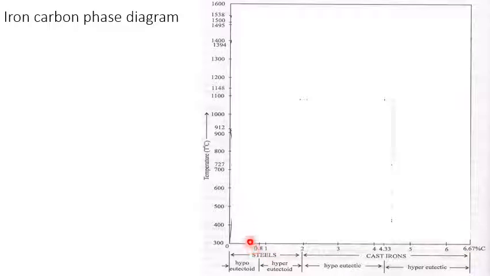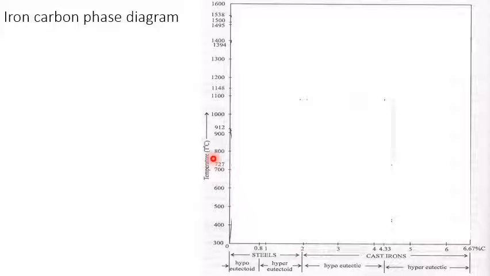When it comes to the composition, 0.8, 2.1, 4.3 and 6.67, these four compositions play an important role in understanding the invariant reactions or the phase diagram of the Fe3C diagram.